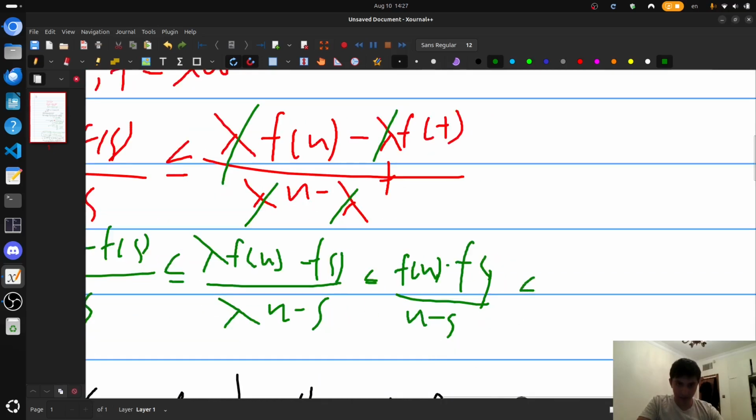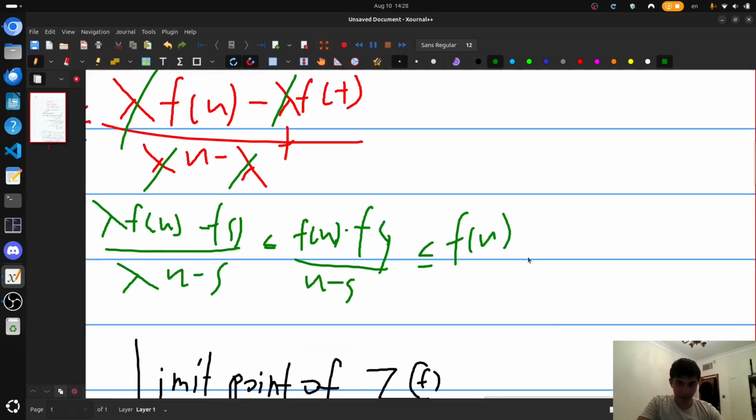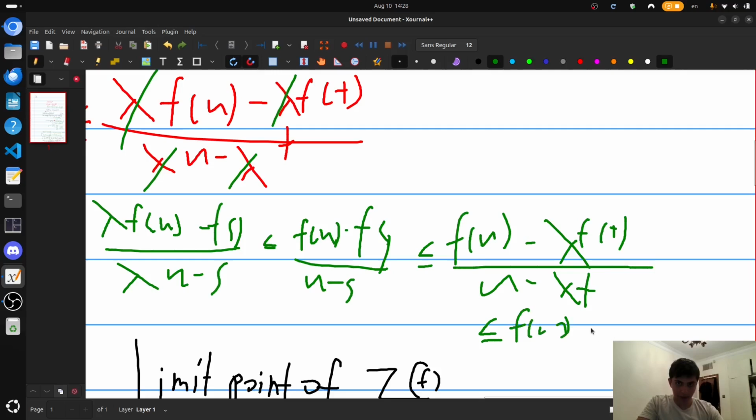This is less than or equal to f of u minus, we said s is lambda t, minus lambda f of t over u minus lambda t. And with the same logic over here, this lambda is going to be less, and this is going to be less than or equal to f of u minus f of t over u minus t.